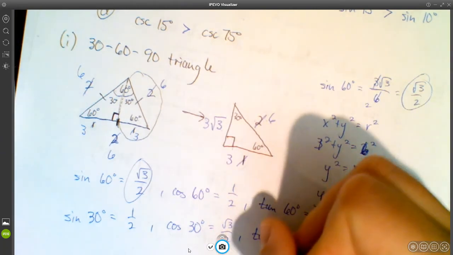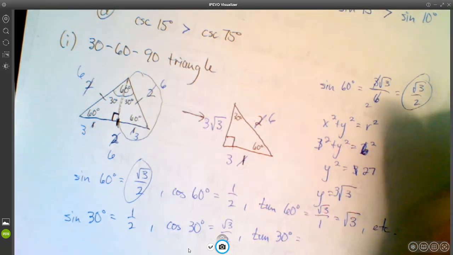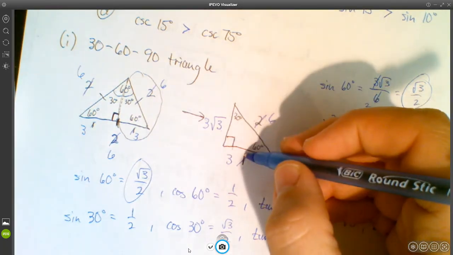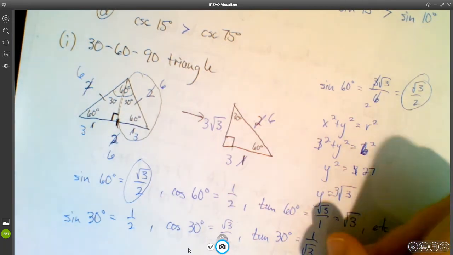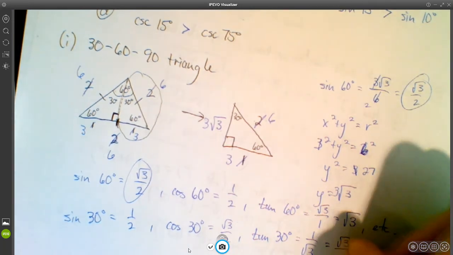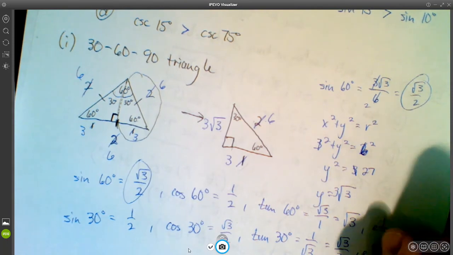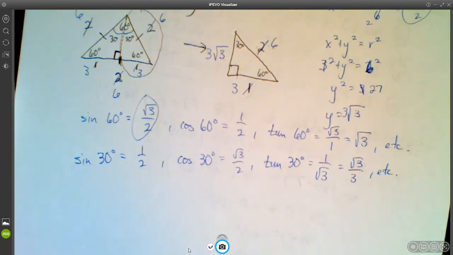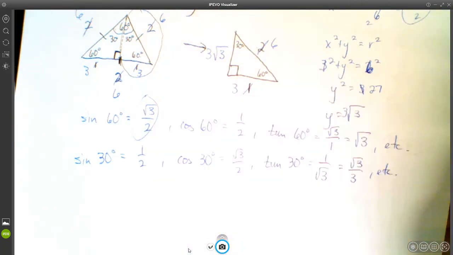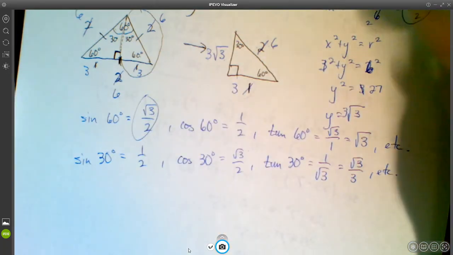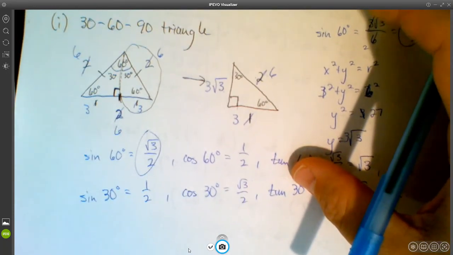And tangent of 30 degrees is opposite over adjacent, that's 1 over root 3, which if you rationalize, you get root 3 over 3. And similarly for the other 3 trig functions. Okay? So we can memorize these values for 60 degrees and 30 degrees. We can memorize what the trig function values are. Okay?